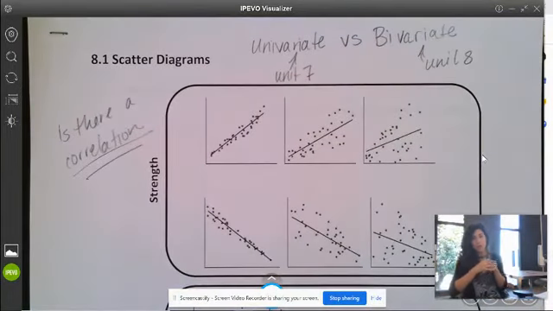Only correlation. If we wanted to go and find anything about causation, you need to create an experiment to determine whether or not one affects the other, where you change what's going on in your x-axis and see if something changes in your y-axis accordingly. That is the only way to determine causation, because you can put any two things in a graph and they might not have anything to do with each other, right? But what we can determine is if there is a correlation between the two variables.